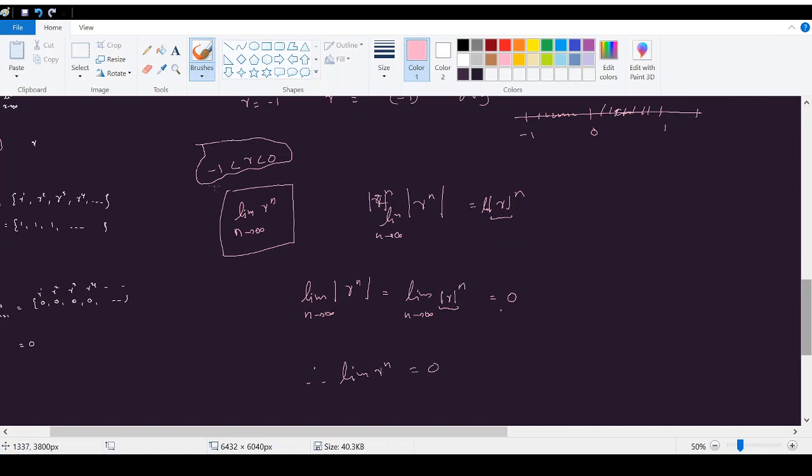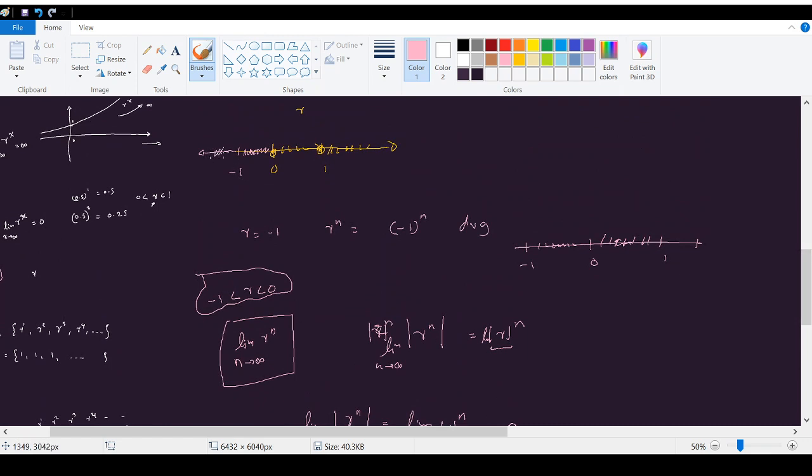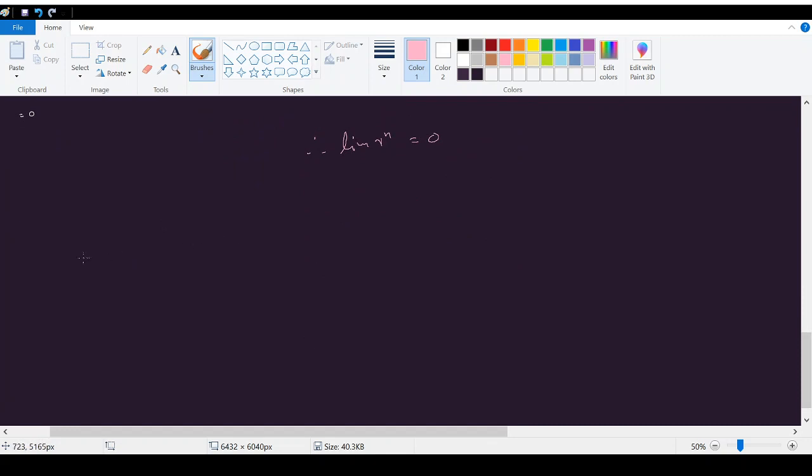Now we are at this stage, right? This component. Now we have to deal with the other part as well. What happens if r is strictly less than -1? What about this case? For example, let's take r equal to -5.